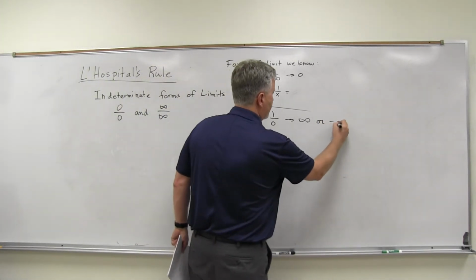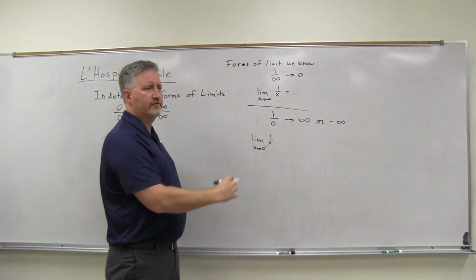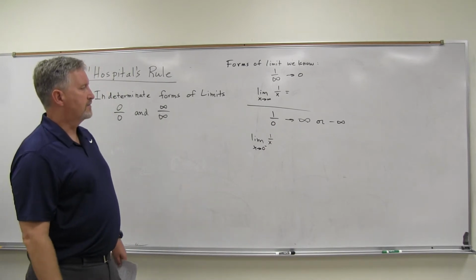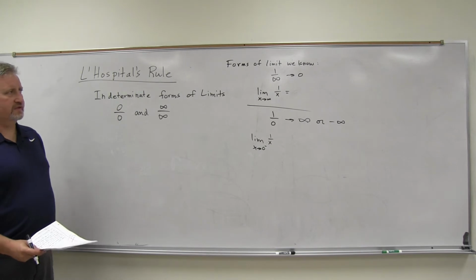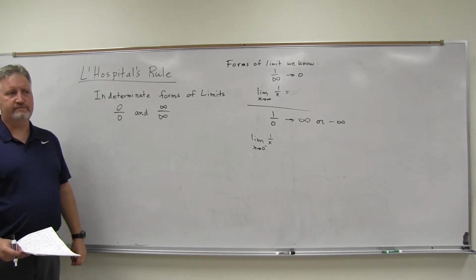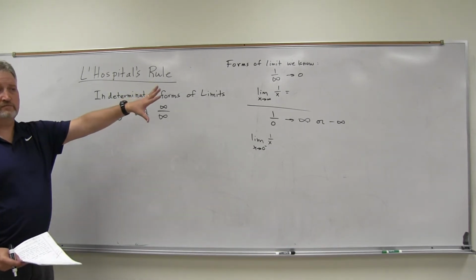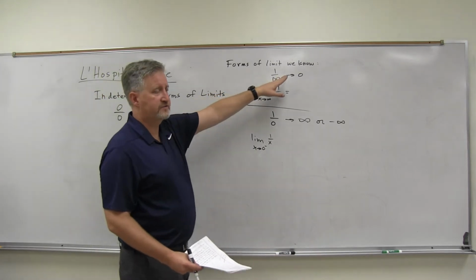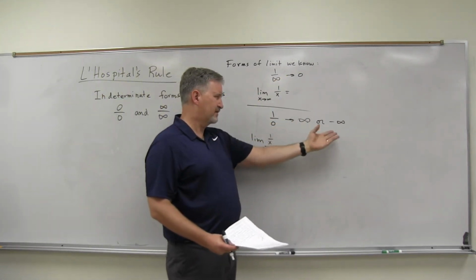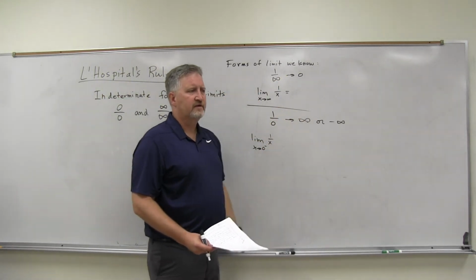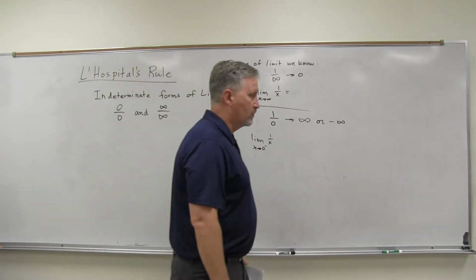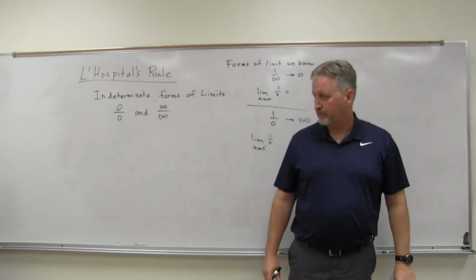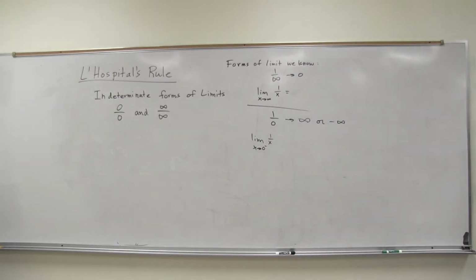So depending on how it goes to 0, it may be infinity or negative infinity there. Those are just a couple of examples of ones we do know. So those aren't indeterminate. That goes to 0. This could go to infinity or minus infinity. You just have to see what the numbers do, but it's got to be one or the other. Okay.